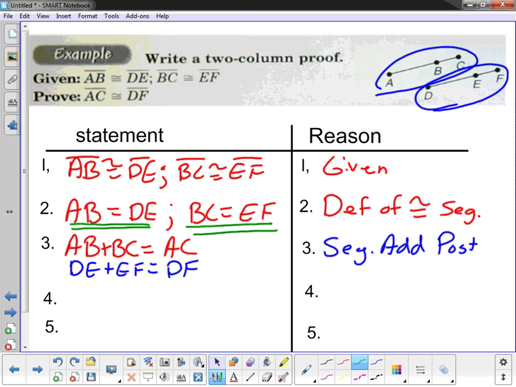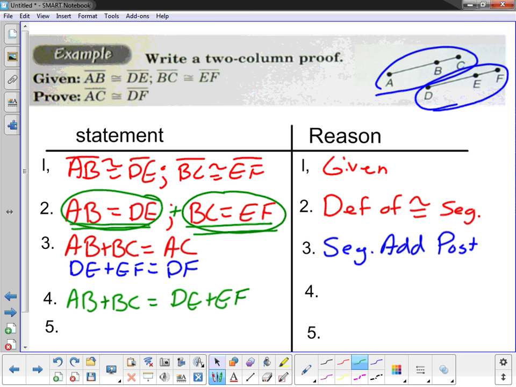I could take AB and add BC and let that equal DE plus EF. I'm just going to take this first group and add this second group. Since they're equal, I can add them to both sides. That is just the addition property. I'm adding the same amount to both sides since they were equal.